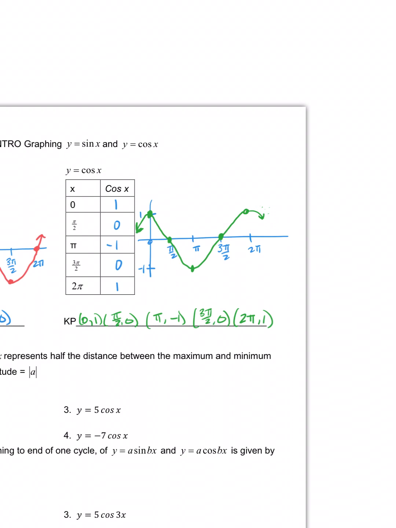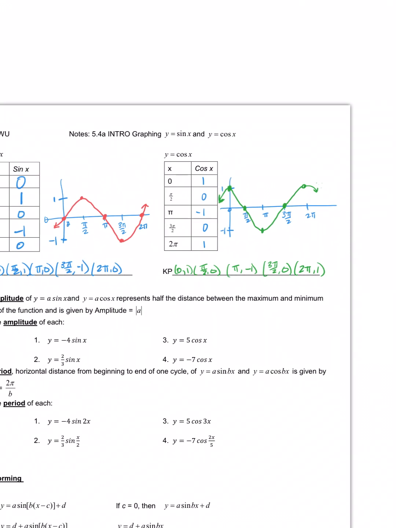Okay, some terminology now for you. As we look at these graphs, there are two measurements that we always look at because they're cyclical, right? They just keep continuing. And so one of the things that we look at is this distance from the midline. It's always going to be the same whether it's going up or down. That distance is what we call amplitude.